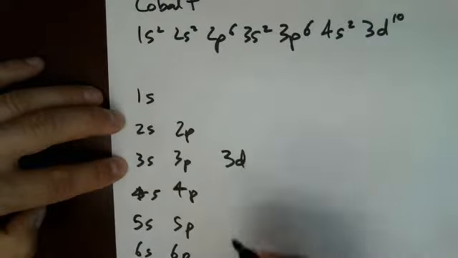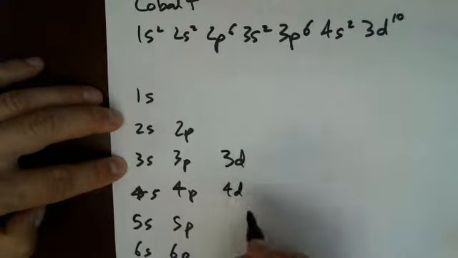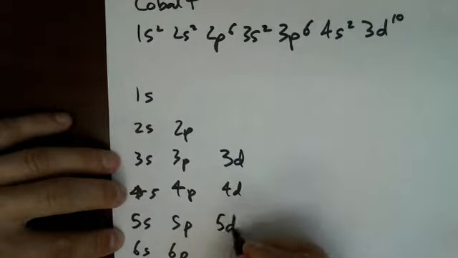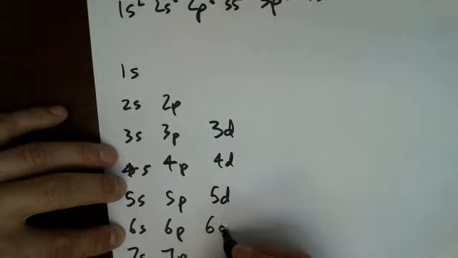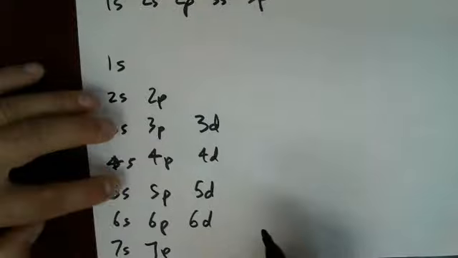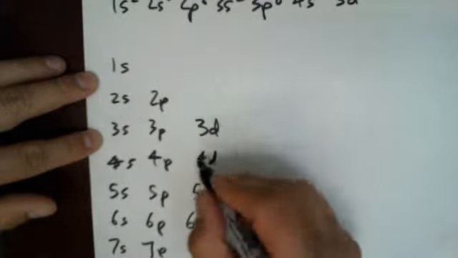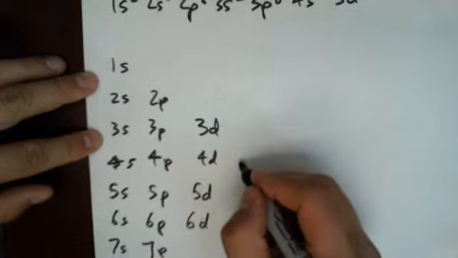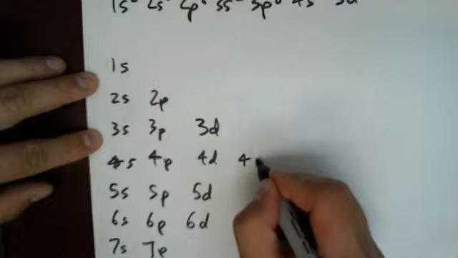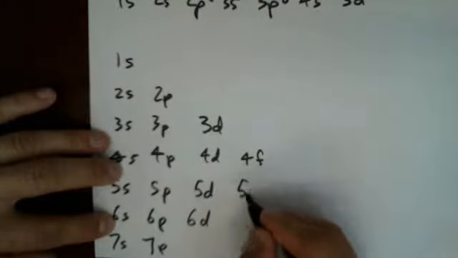Now we're doing the columns with the d's. 4d, 5d, 6d, and we really don't have 7d's. So then we want to look at our f orbitals. We start off with 4f and 5f.